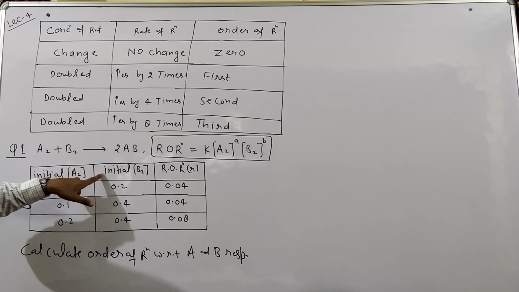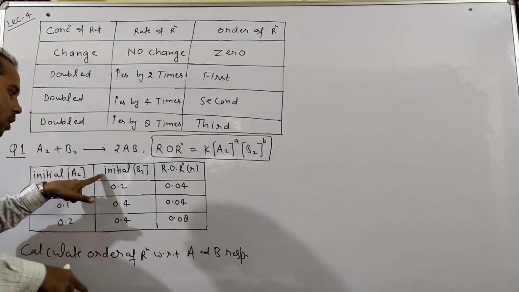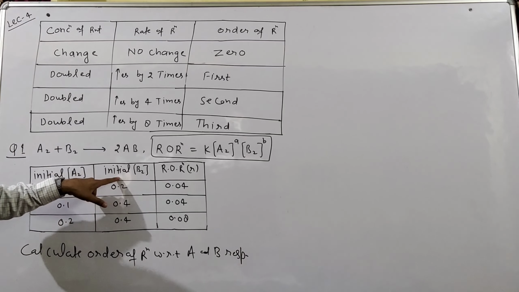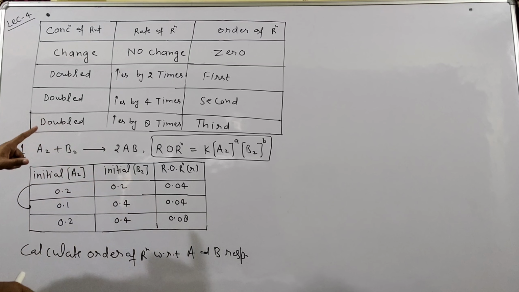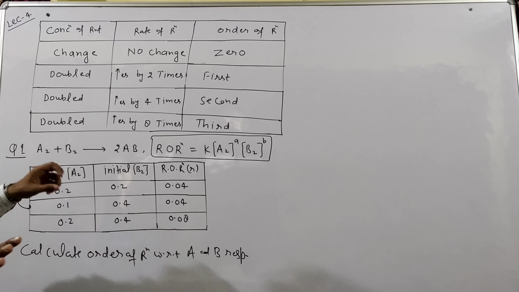There should not be any change in the concentration of the other reactant. If we are going to calculate the order of reaction with respect to B, then the concentration of reactant A should be constant. Okay, so now we are comparing the two quantities.